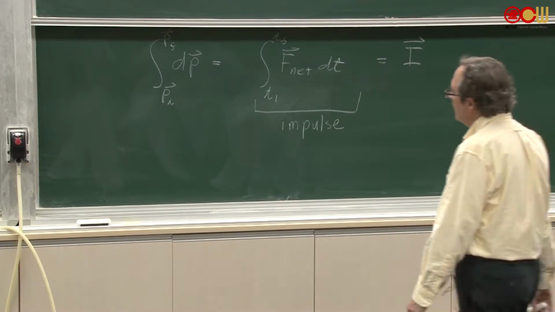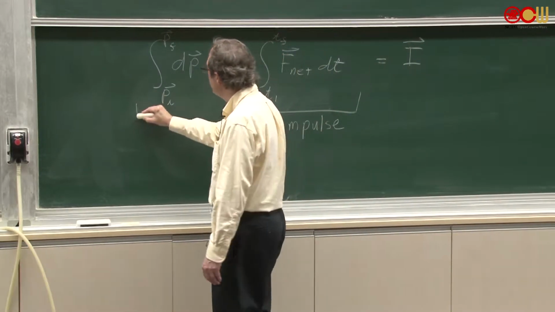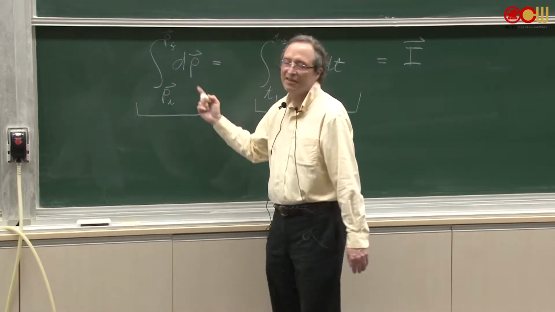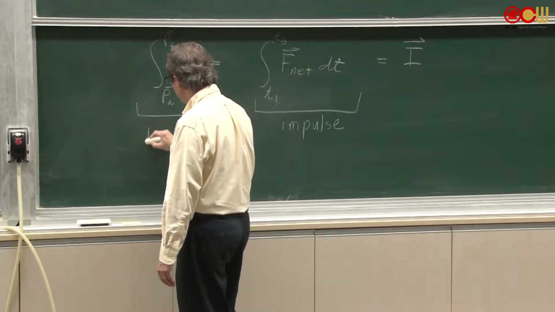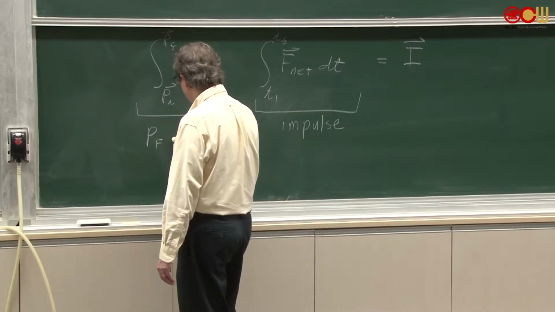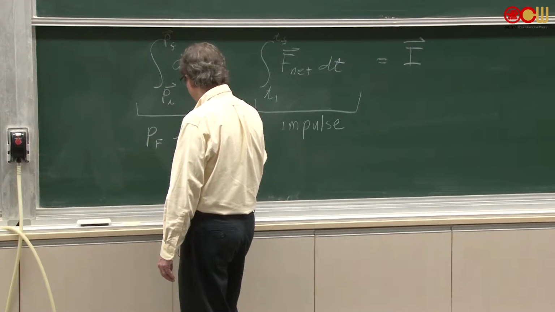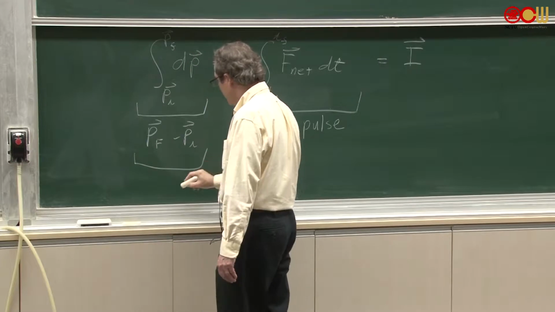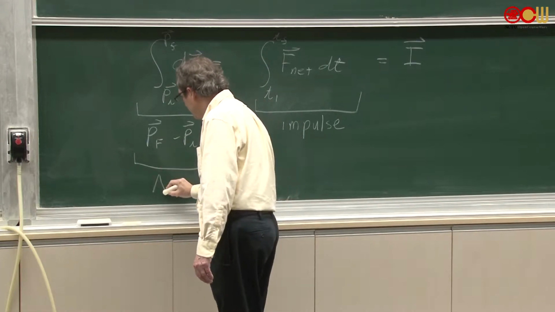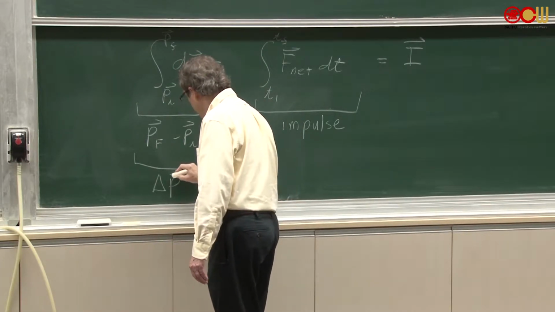This thing here, we can actually do the integral, because it's a trivial integral. So all it is is p final minus p initial. Or we can sometimes write this as delta p.